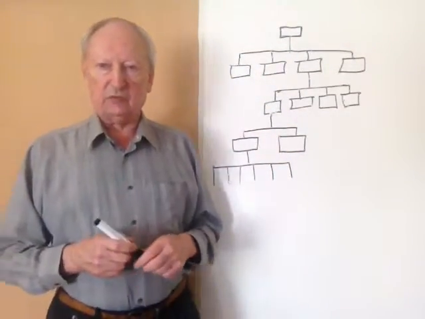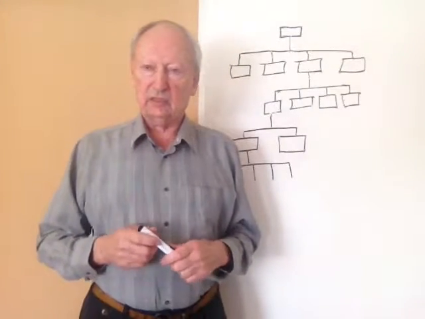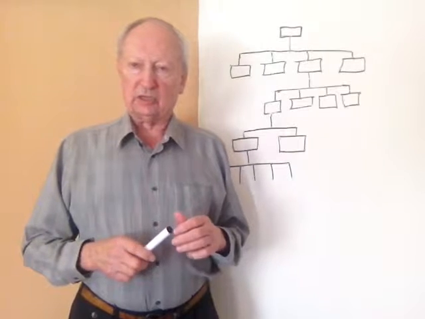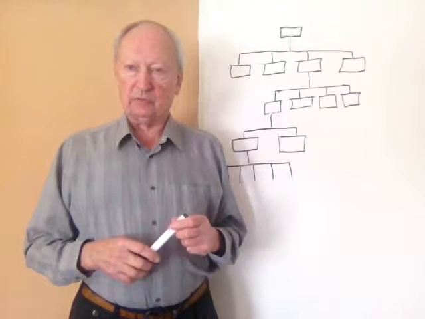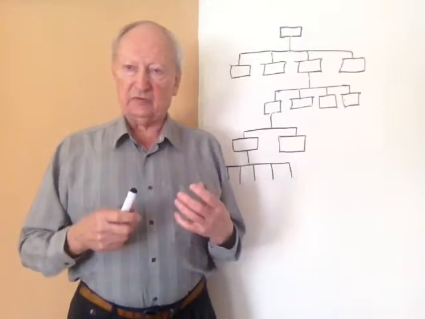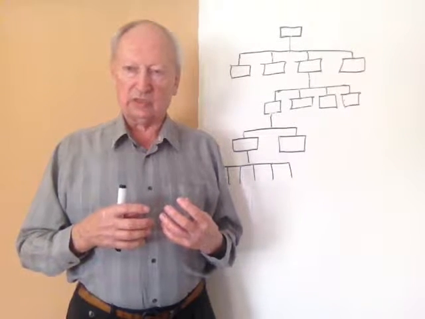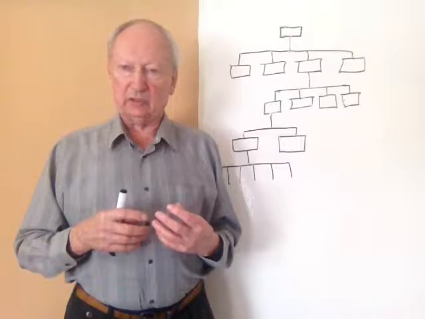The weakness of organizations like this is, firstly, especially if it's a bureaucratic organization, there's a slow response time. Especially if decision making is centralized at the top of the organization. Some organizations are a bit paranoid.